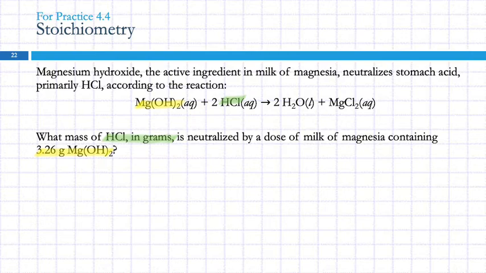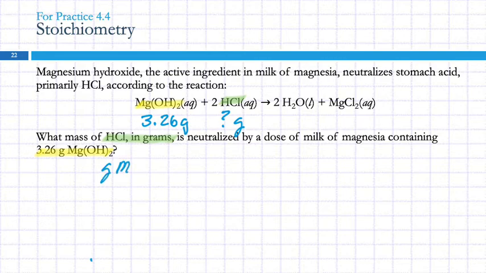How much will it neutralize if you take this much milk of magnesia? So we're given a mass, so I'm going to write that up here, 3.26 grams of that, and question mark grams of this. I'm given grams of one thing, I'm asked for grams of the other thing. This is grams to moles to moles to grams.